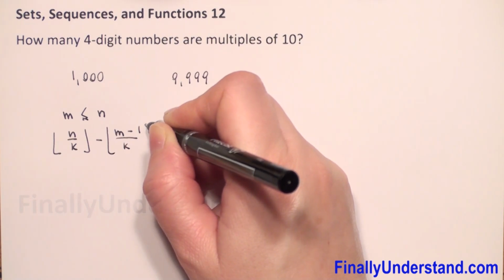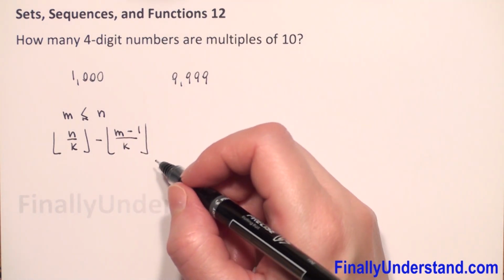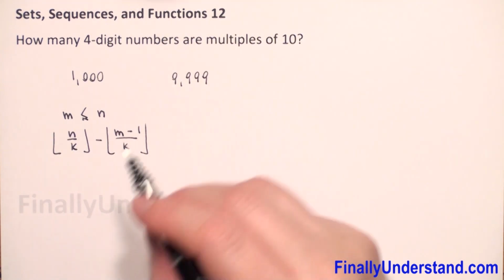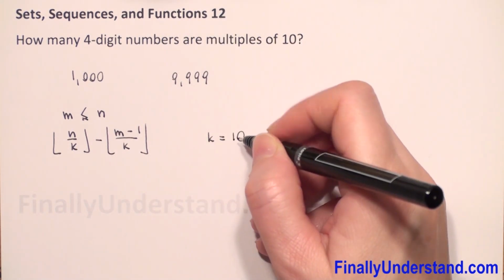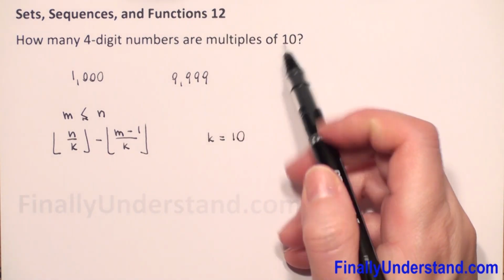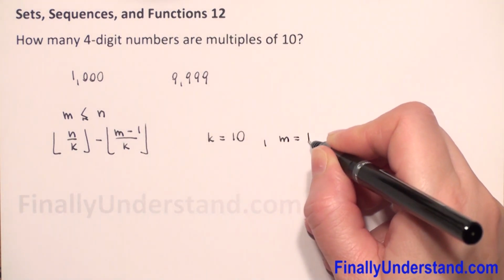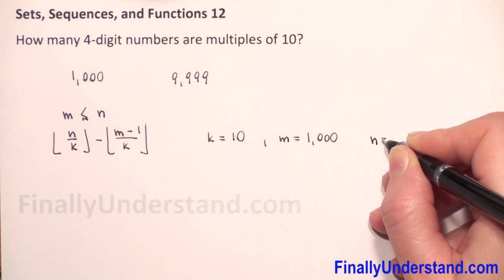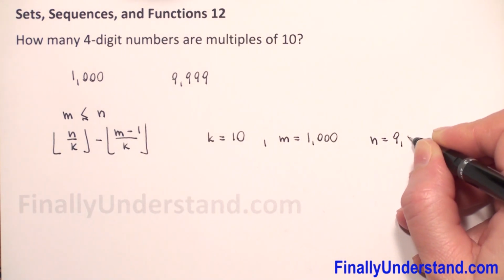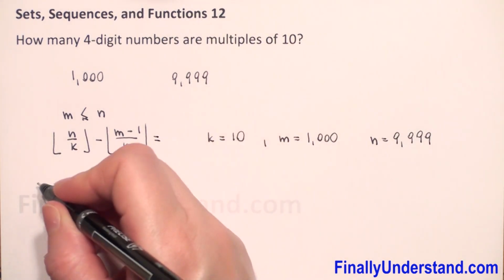We have to find the floor of the second expression too. So in our example, k is equal to 10 because we have to find multiples of 10, m is equal to 1000 and n is 9999.